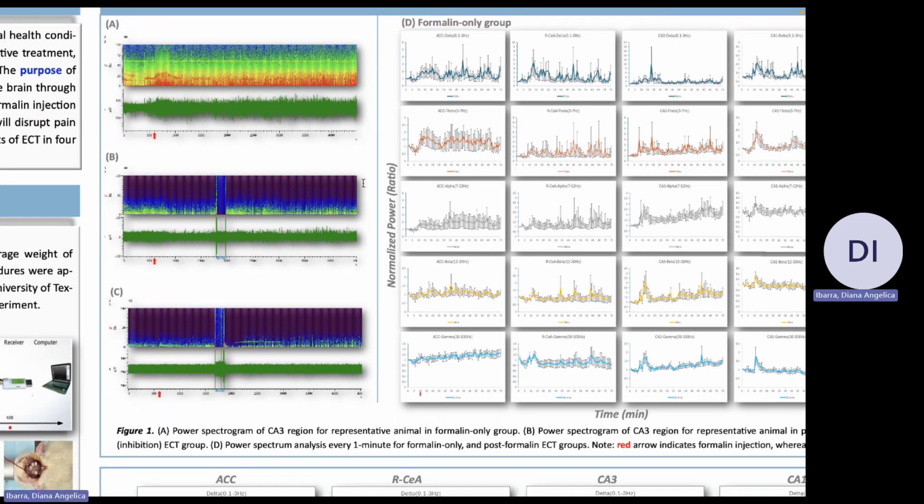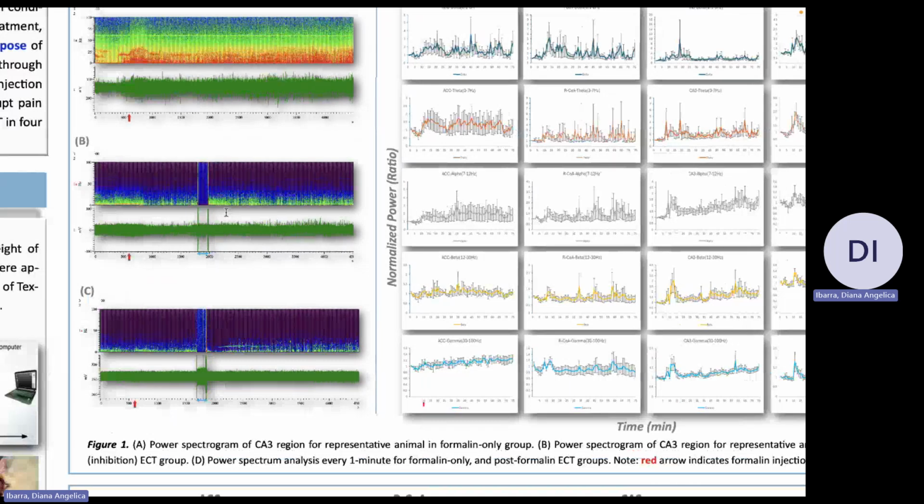Figure 1B and Figure 1C also show a power spectrogram and a raw wave trace of the CA3 region from 2 representative animals from the post-formalin ECT condition, showing facilitation and inhibition after the administration of ECT. The red arrow represents when a formalin injection was given, and the blue arrow represents when ECT was administered.